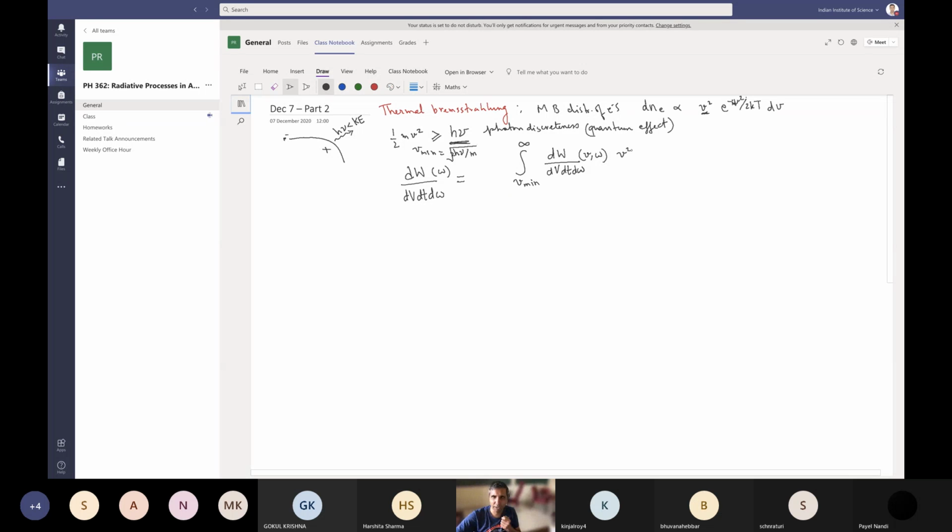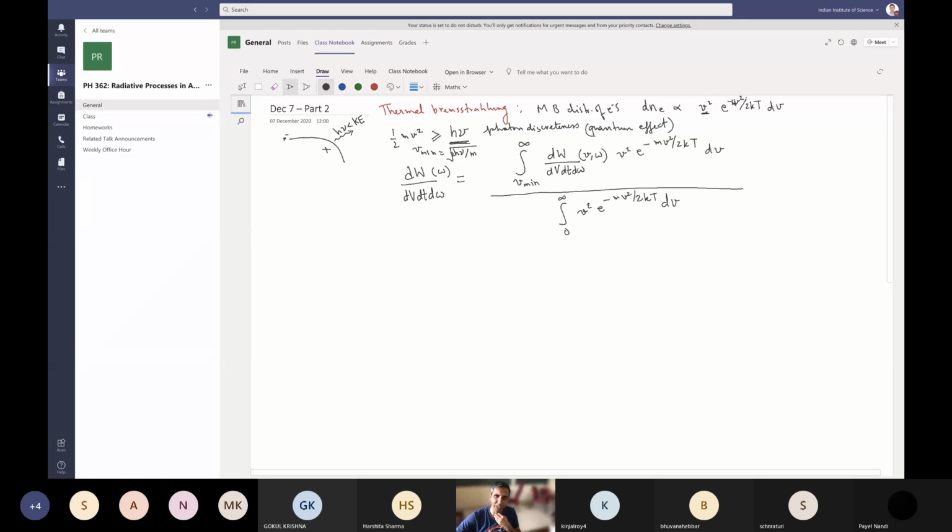This is v squared e to the minus m v squared by twice kT dv, and we have to normalize it. And how do we normalize it? It's 0 to infinity v squared e to the minus m v squared by twice kT dv.